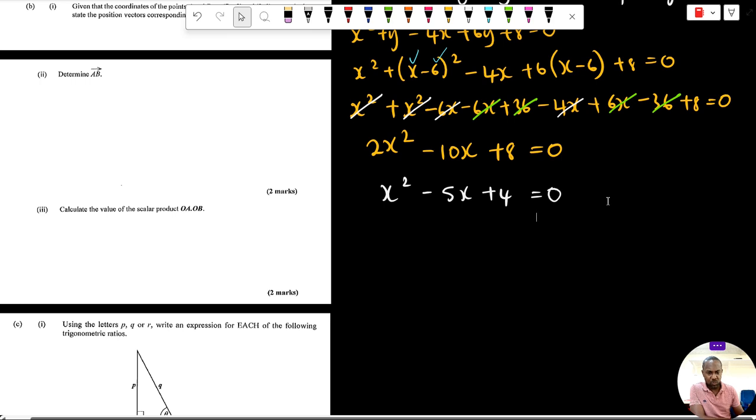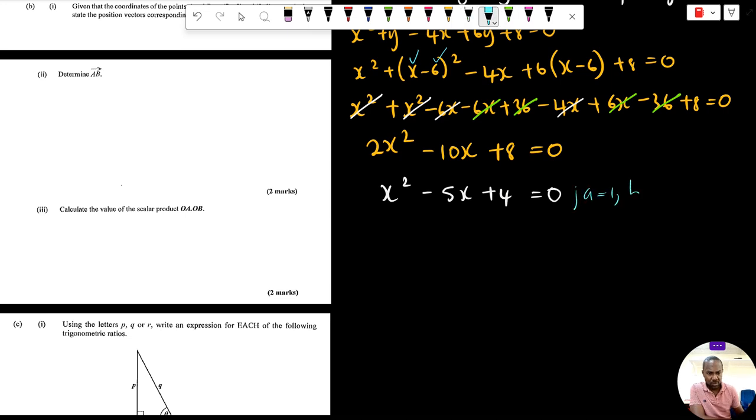We see that a is equal to 1, b is equal to minus 5, and c is equal to 4. So typically we say AC is 1 times 4, which gives us 4. And then we ask ourselves what factors of positive 4 add to give negative 5. And those factors are minus 1 and minus 4.